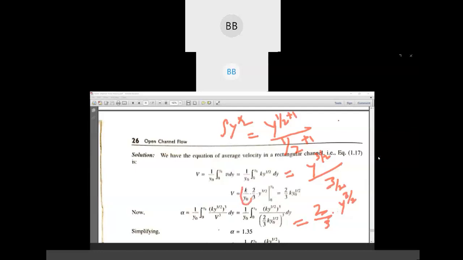Then we have integrated y to the power half, so in its place we can write 2 by 3, y to the power 3 by 2, and the limit is from 0 to y naught.